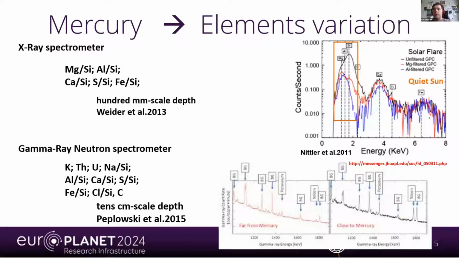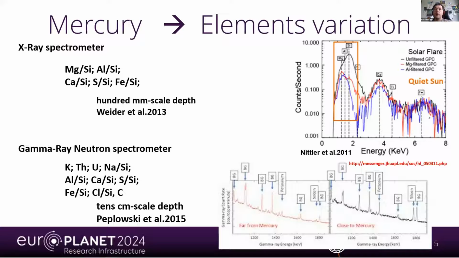Just remembering what permitted us to have information from the MESSENGER mission are mainly two different instruments. The X-ray spectrometer permits us to have information, in particular at a global or almost global view, for five different elements: magnesium, aluminum, calcium, sulfur, and iron. This kind of instrument permits information at millimeter-scale depth.